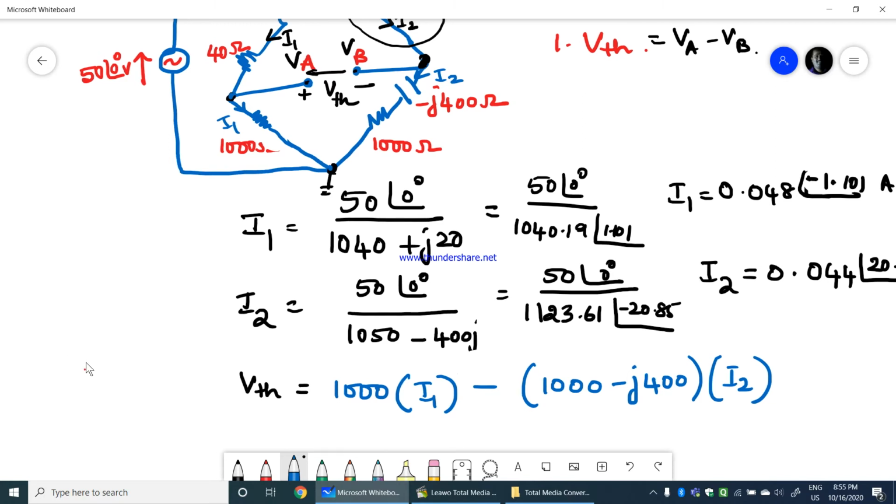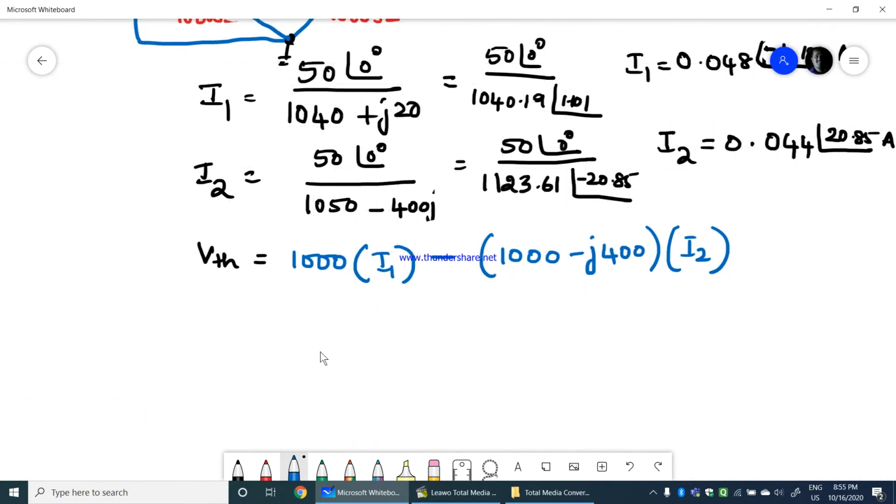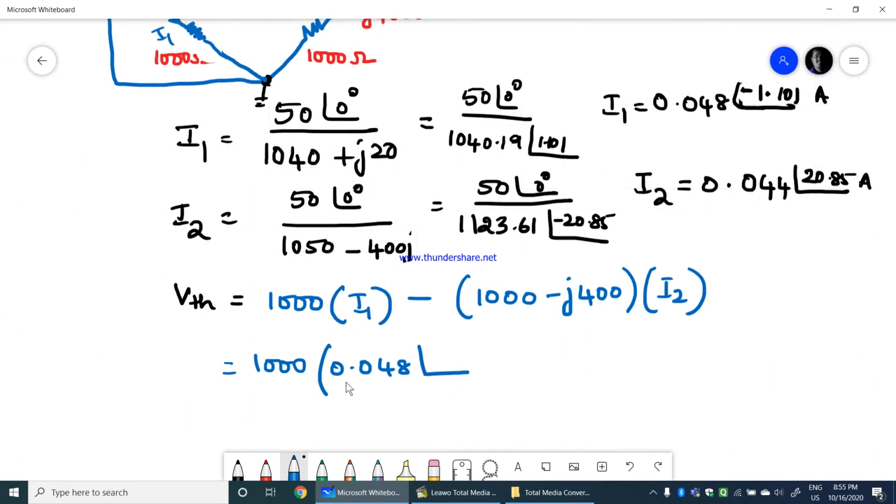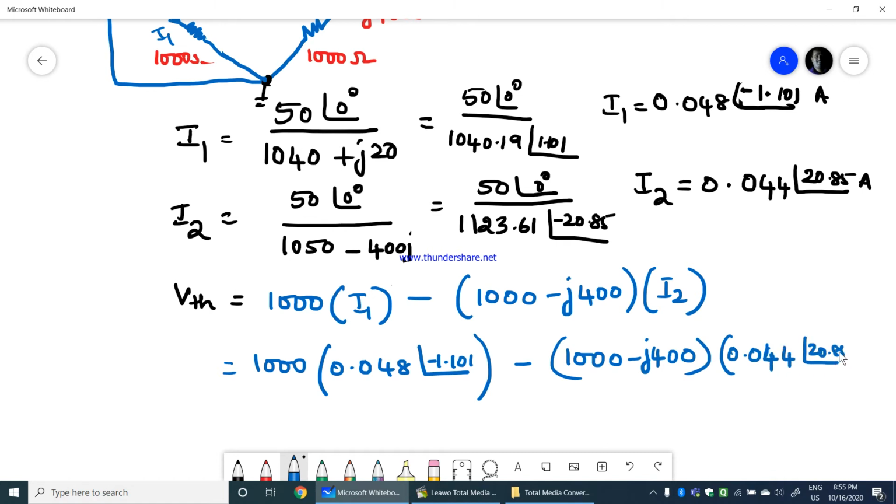So it is equal to 1000 into I1, which is 0.048 at an angle minus 1.101, minus (1000 minus J400) into I2, which is 0.044 at an angle 20.85.